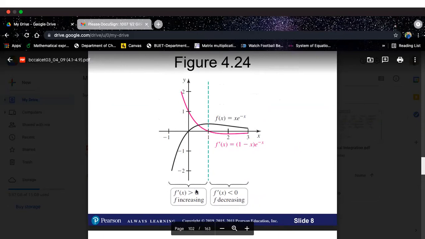And again, I'll be giving you this interval. For example, I'll say, tell me the behavior of this function x e to the minus x for the interval -1 to 1, okay? And you can see the graph is increasing on this part, right?